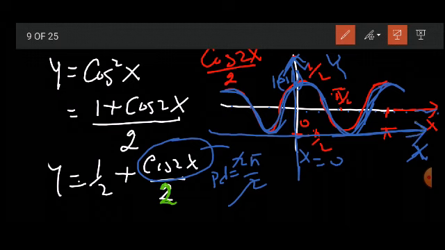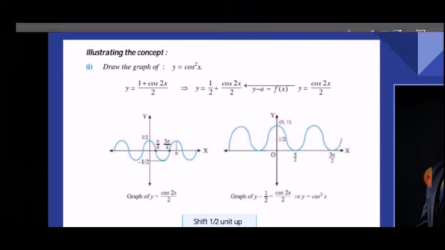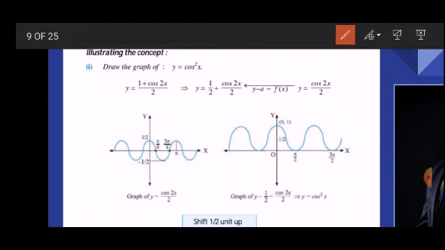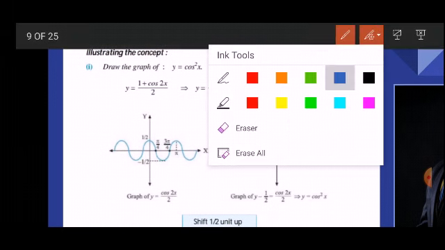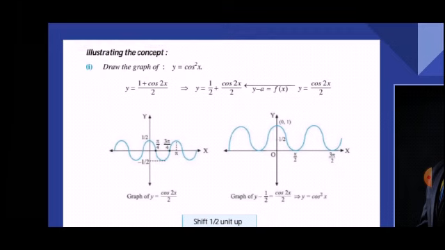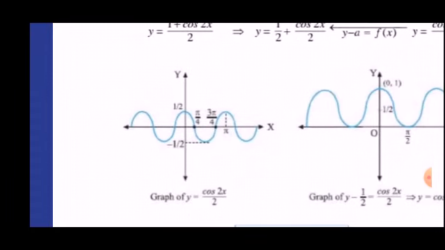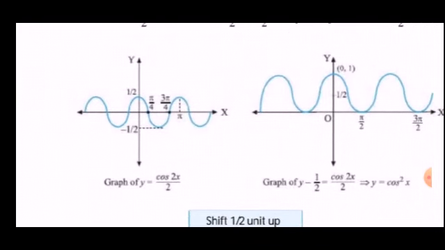So let's see once again in the illustration. You see y equal to 1 by 2 cos x, this part, y equal to half cos x, that we say cos 2x by 2. Let me bold it over here. This part is cos 2x by 2.